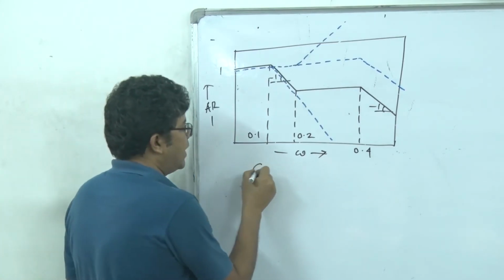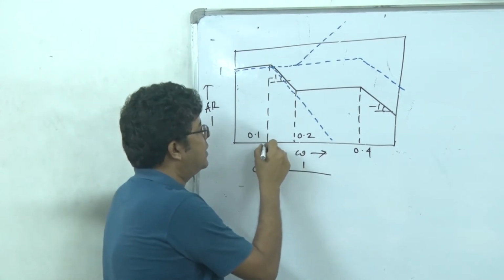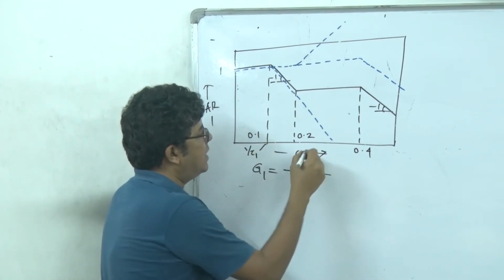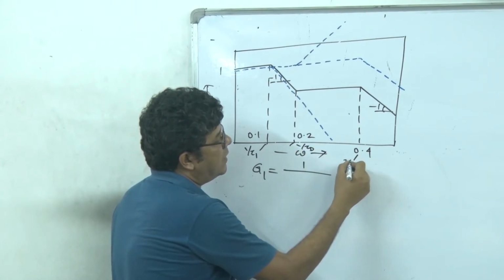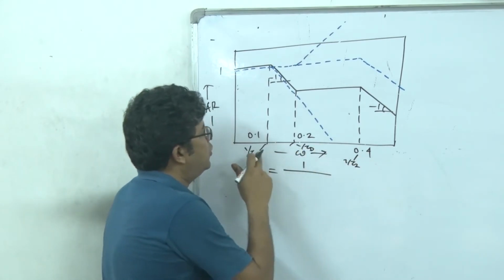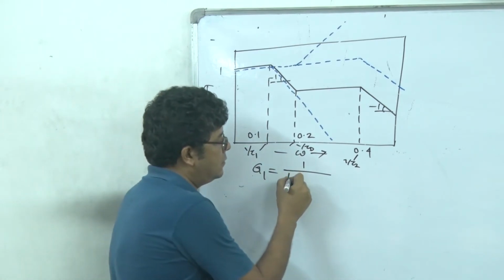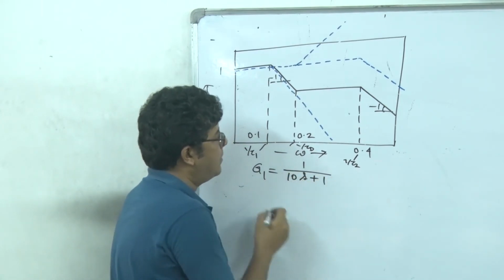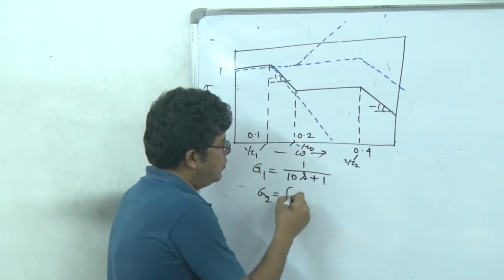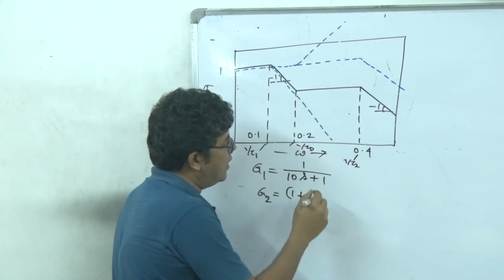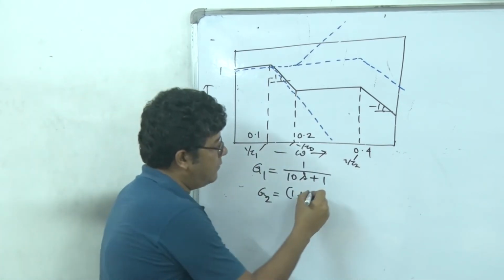So G1 is 1 divided by, so here this one is 1 by tau 1, this one is 1 by tau d, and this one is also 1 by tau 2. So 1 by tau 1 is 0.1, so tau 1 is 10. So G1 will be 1 by 10s plus 1. Now G2. G2 will be 1 plus tau d s, where tau d is 1 divided by 0.2, so it is 5.